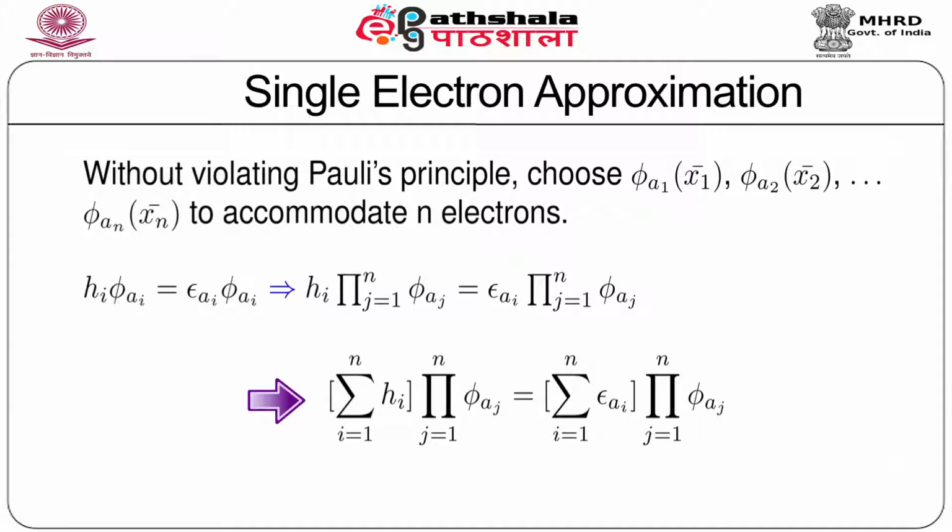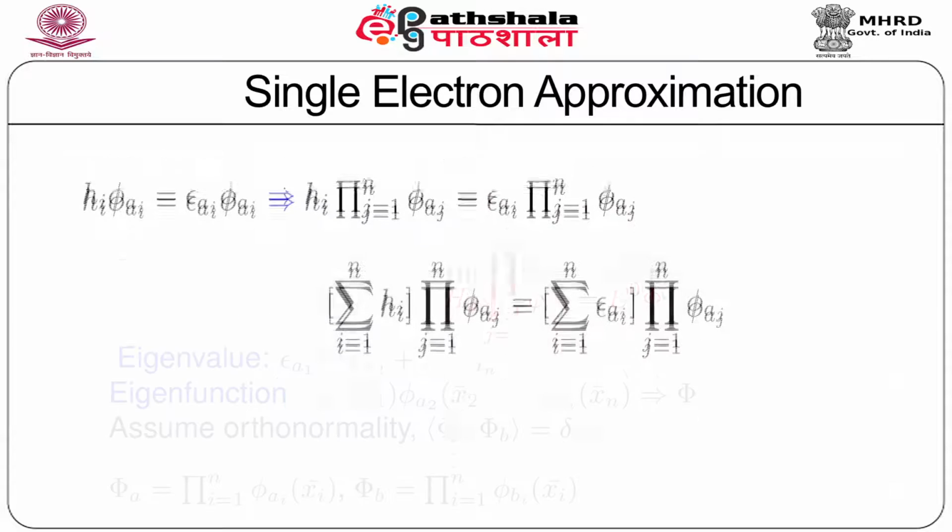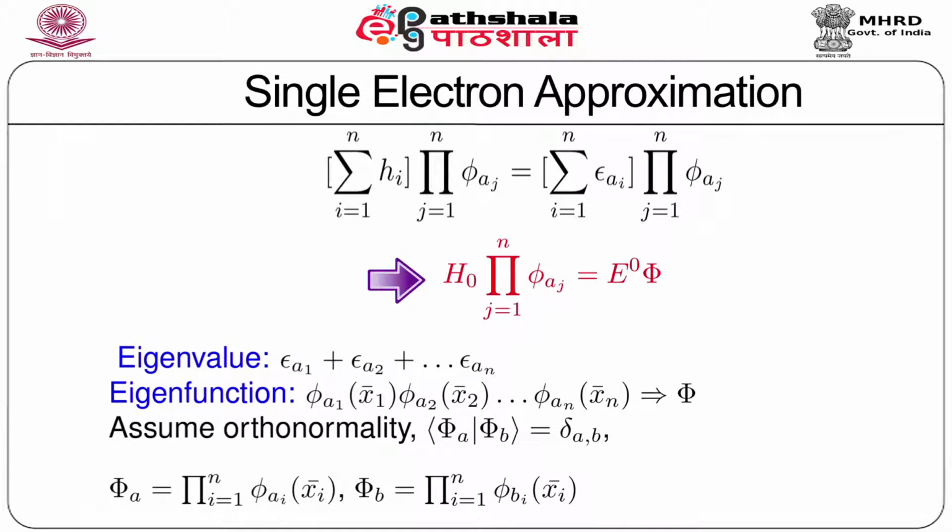Therefore, taking the summation over i on both sides, one can write H0 times the product of the phi's equal to E0 capital Phi, where capital Phi is the notation introduced to indicate the product wave function, which is the product of all these little phi's. The corresponding eigenvalue is given by this capital E0, which is nothing but the summation of the single electron eigenvalues, that is epsilon a1 plus epsilon a2 plus epsilon an, and so on.